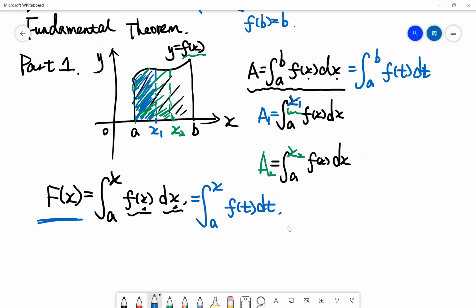So I got a new function, capital F of x, that equals the integral from a to x of f of t dt.